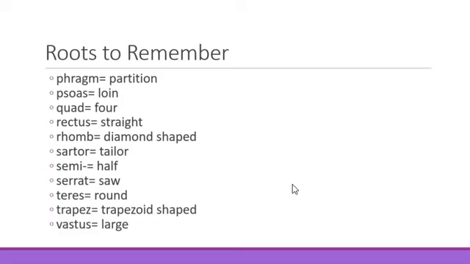Rhomb means diamond shape. We have the rhomboid muscles, a rhomboid major, rhomboid minor muscles. Sartor means tailor. There's a sartorius muscle in the lower limb. Semi means half. Serrate means saw. So we have the anterior and posterior serratus muscles that kind of have a sawtooth shaped appearance.